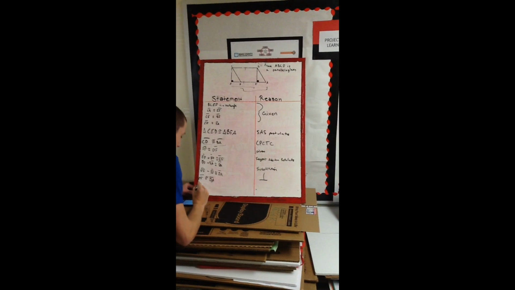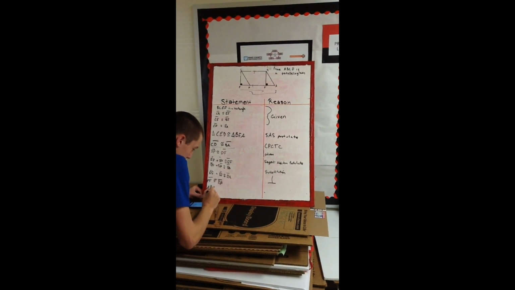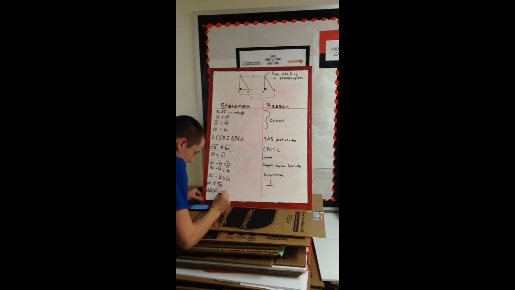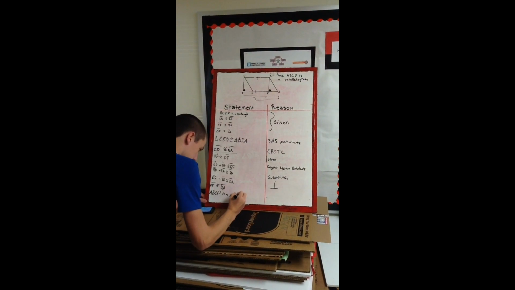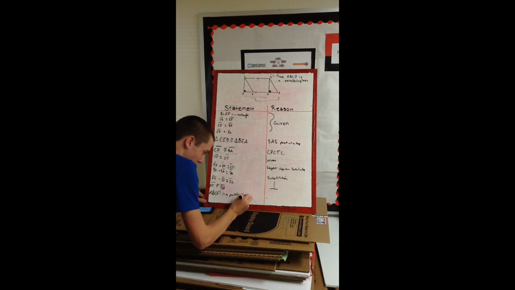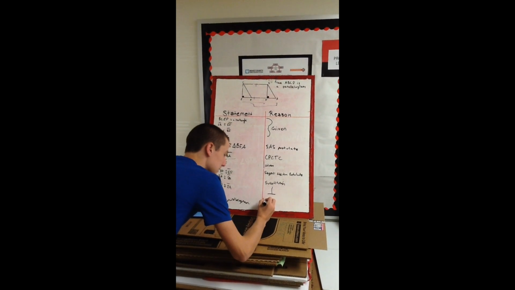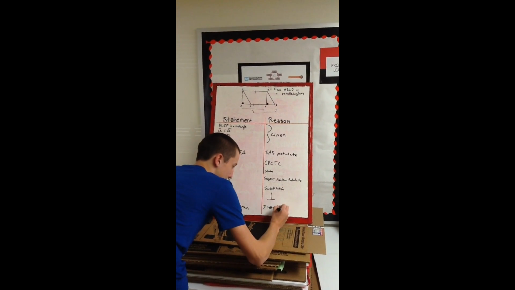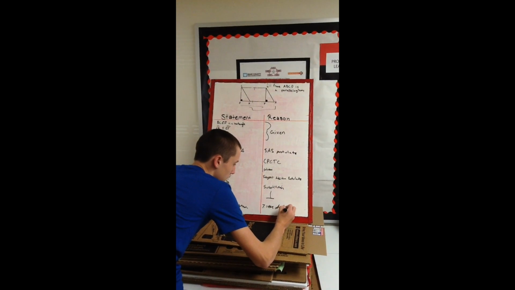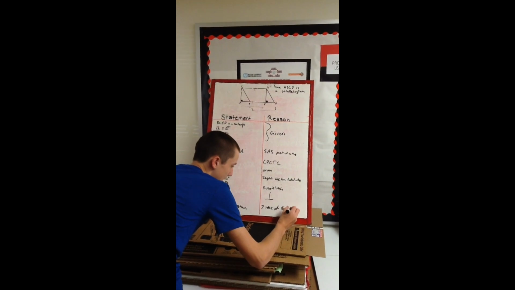So ABCD is a parallelogram because they have two sets of congruent sides.